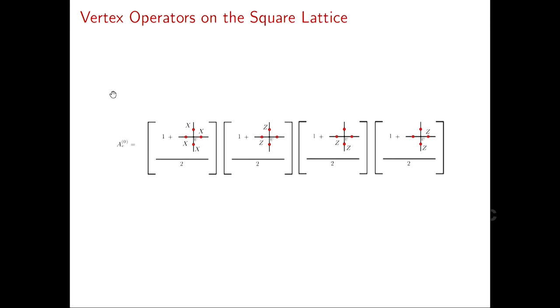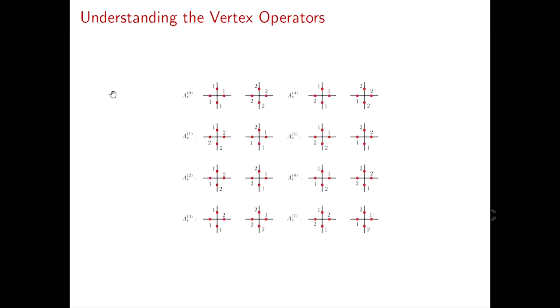Such an operator will only act if the configuration around a vertex is the same, which is illustrated over here. So the groupoid averaged operator will only act on such configurations. All these other operators which appear are an artifact of the fact that we are using groupoids.